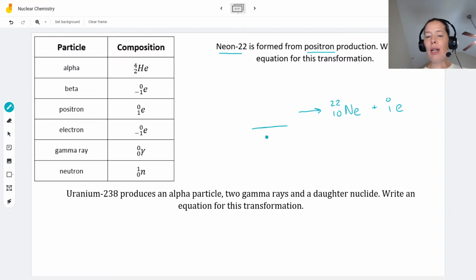All right, so let's actually predict what this is. So of course 22 plus 0 is 22, so I know my mass number is going to be 22 right here. And with positron production, this is a positive 1. So 10 plus 1 is 11, which means I need to have an 11 over here on this side. So now that I have the atomic number, I can identify what element this is.